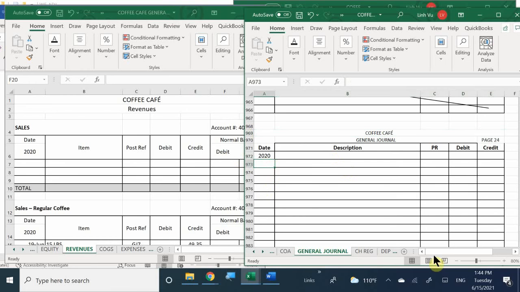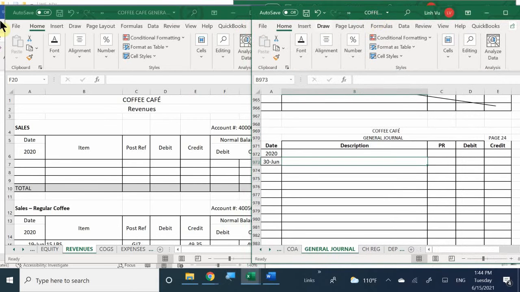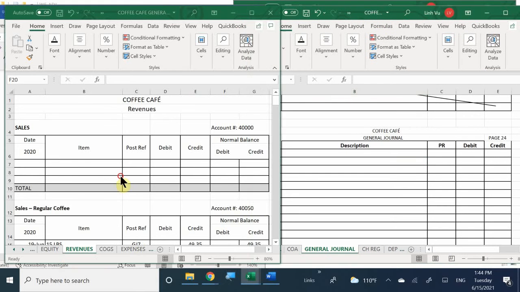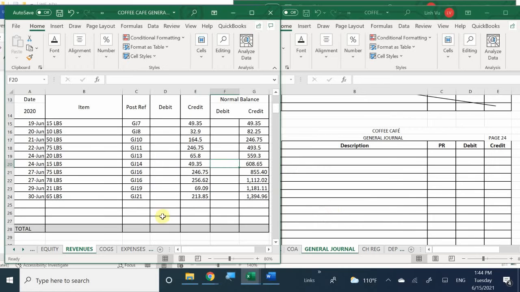So I'm going to go ahead and make my adjustment date, so June 30th. My very first account that I will be zeroing out will be my sales for regular coffee. Right now it has a credit balance of $13,94.96.